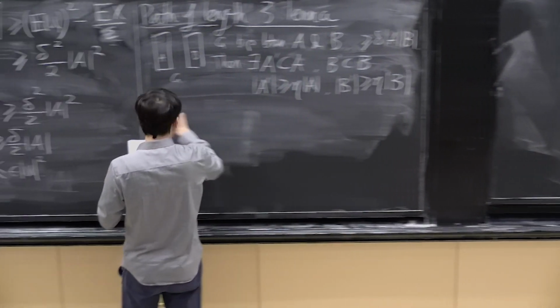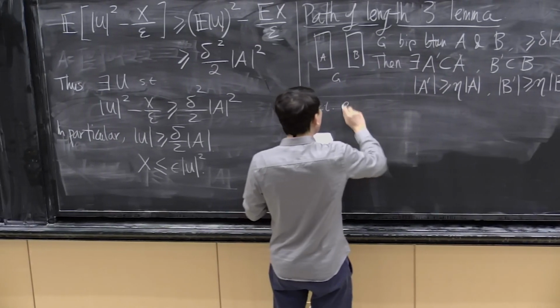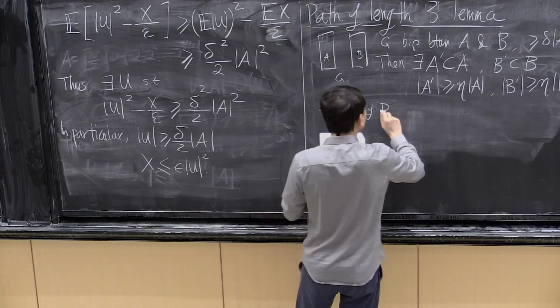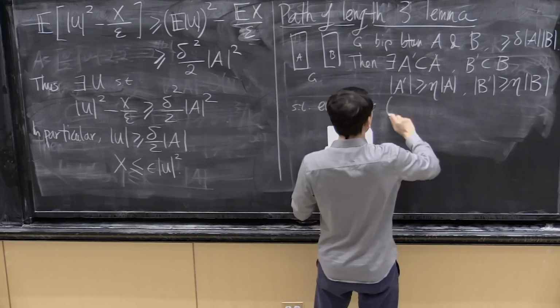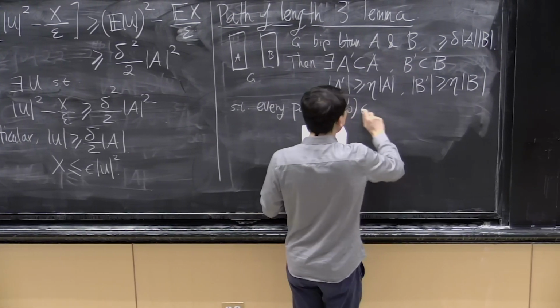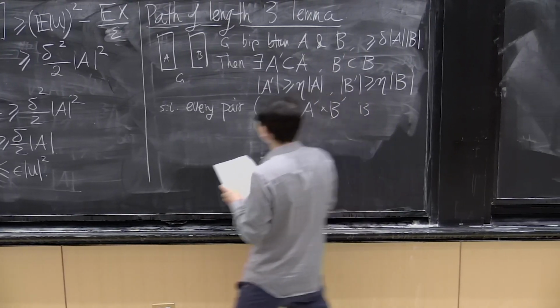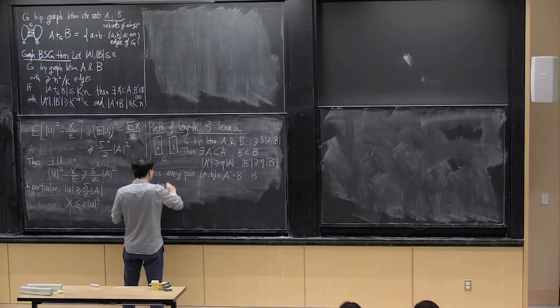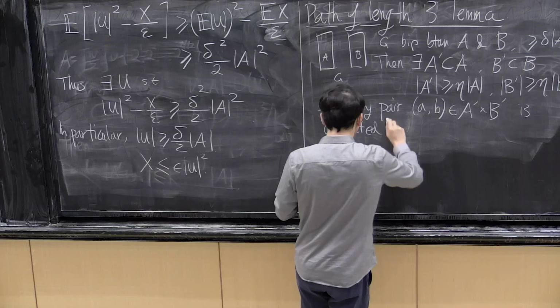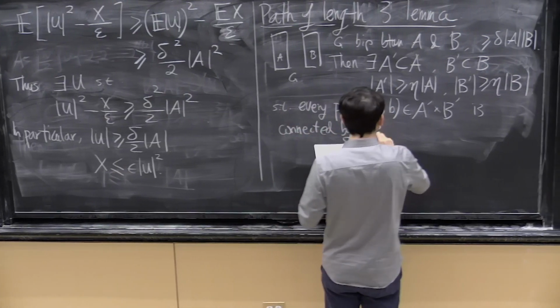And furthermore, every pair between A prime and B prime is joined by many paths of length 3.